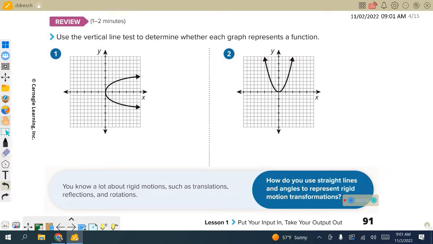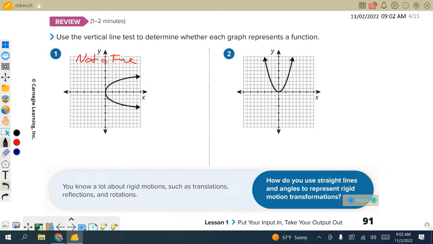She said this one was not a function because as we drag that across, it's hitting more than one point at the same time, vertically. That cannot happen, so we classify this one as not a function. Okay?